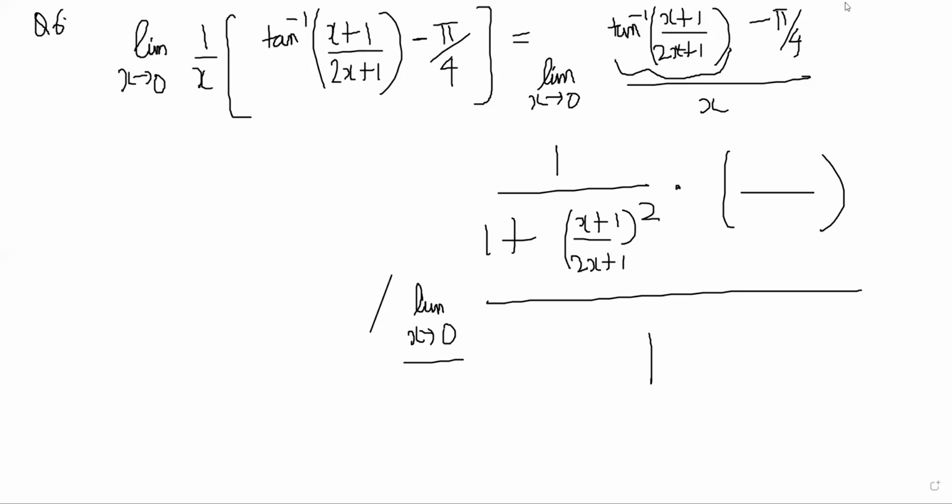Limit x tends to 0, 1 minus cos 2x whole square by 2x tan x minus x tan 2x. Don't do L'Hospital here.